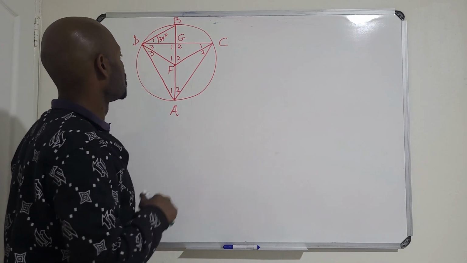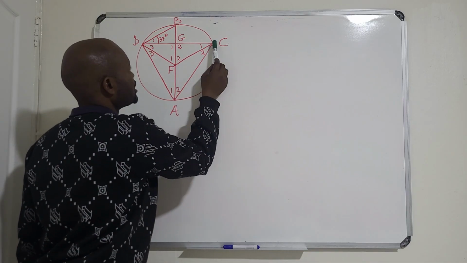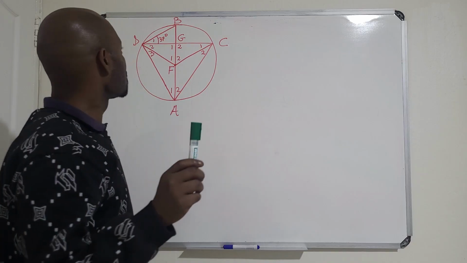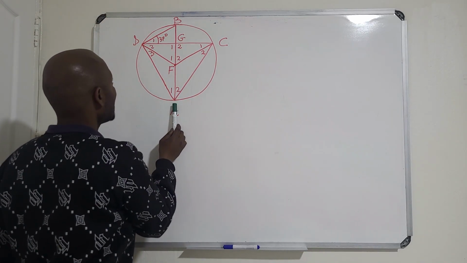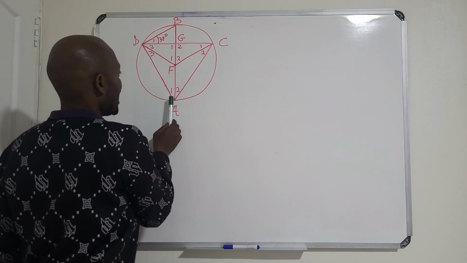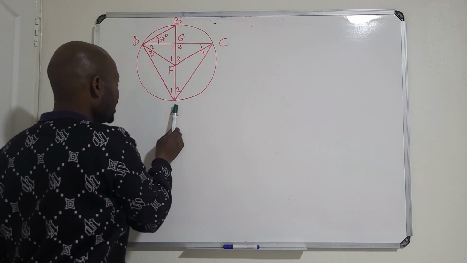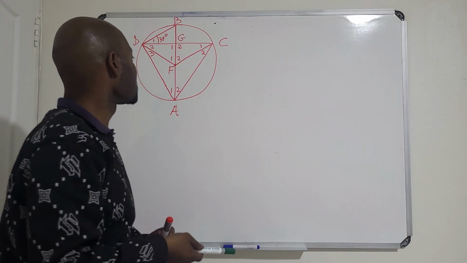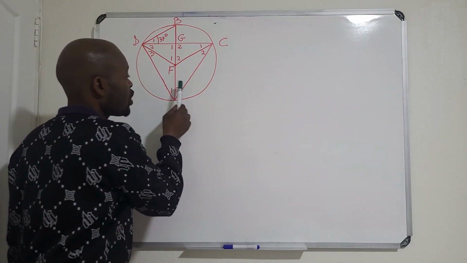We are also told that FD and FC are drawn. We are also told that BA bisects angle DAC. It means that BA cuts this angle into 2 equal halves, so this angle is equal to this angle as well.